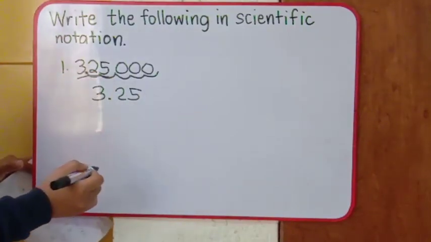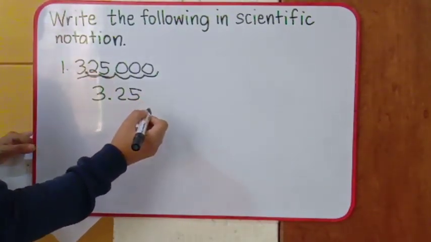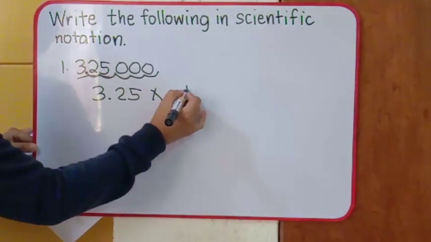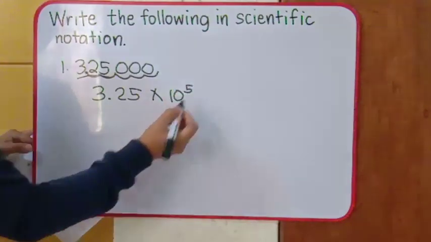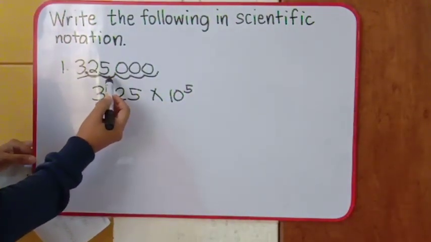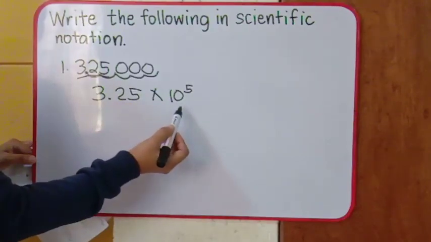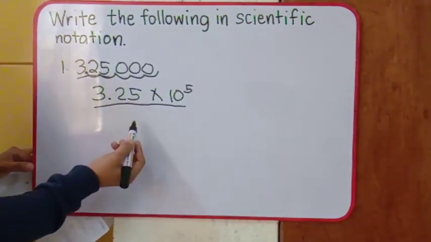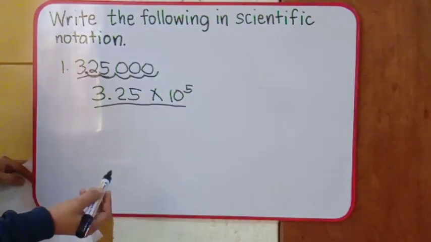We have 5 places. So we will write it as the exponent of 10, which is the value of n. It is positive because we are converting a large number or whole number to scientific notation. So this will be the answer: 3.25 times 10 raised to 5.